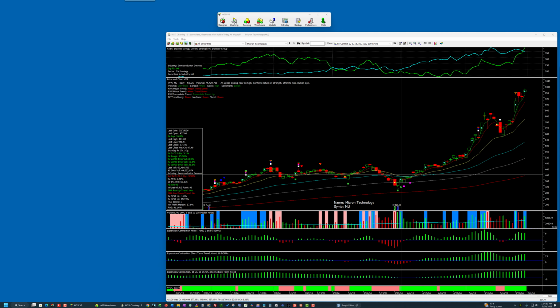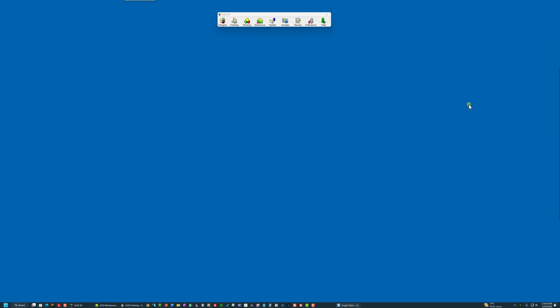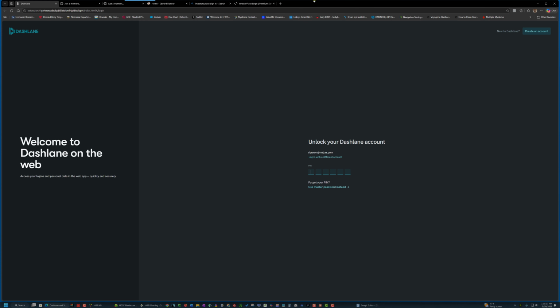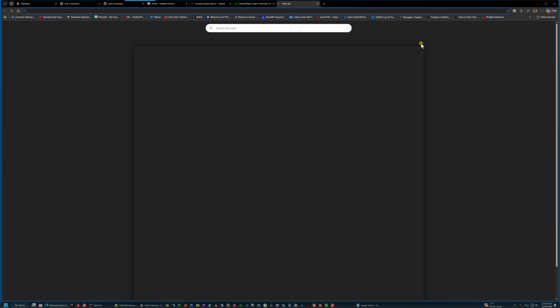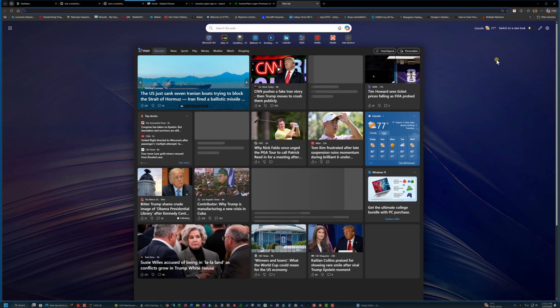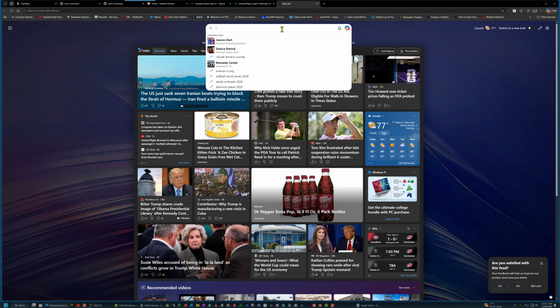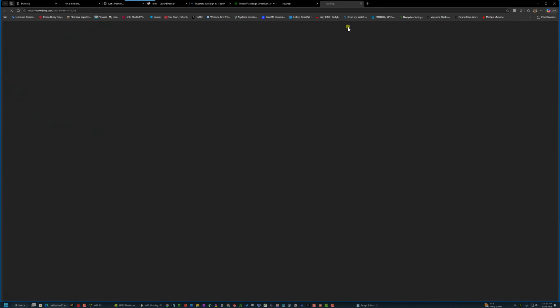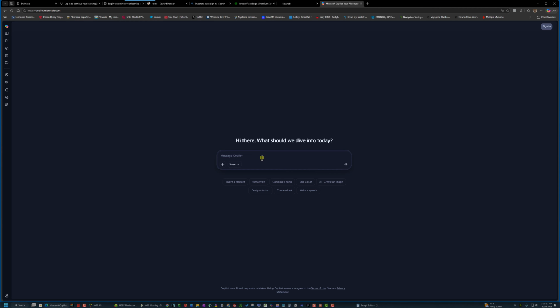It's on my other monitor, so I'm going to copy it. And let's see what CoPilot has to say about it. I'll bring Microsoft Edge up. And click on CoPilot. Do a Control V, please.